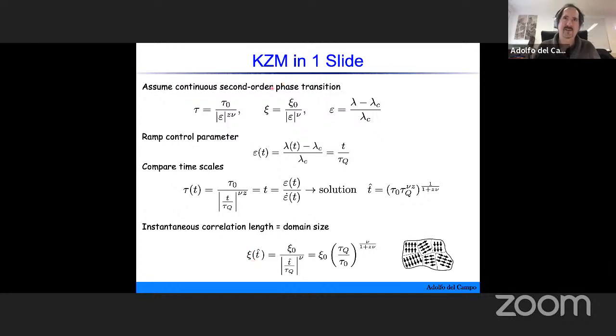So you take the equilibrium correlation length, you take this freeze-out time, you plug it in here, and then you substitute it here, and that's how you end up with the Kibble-Zurek prediction for the scaling of the correlation length, the typical size of the domains in the broken symmetry phase, as a function of the quench time, scaling universally. Yeah, so this is a very simple hand-waving derivation, but this is essentially the essence of the Kibble-Zurek mechanism.